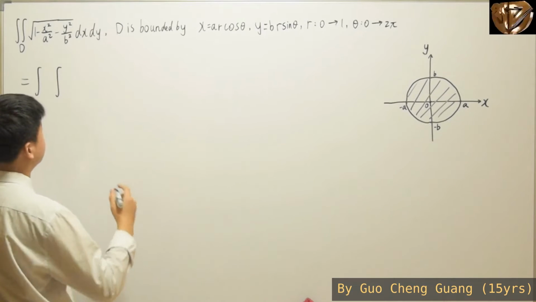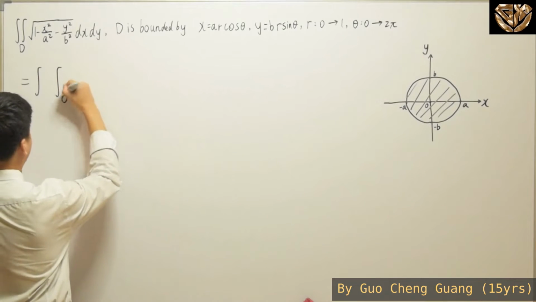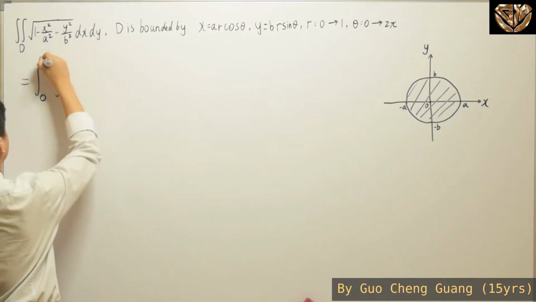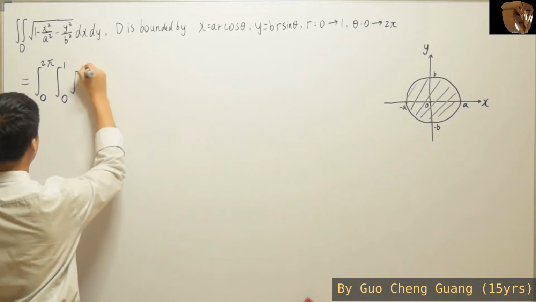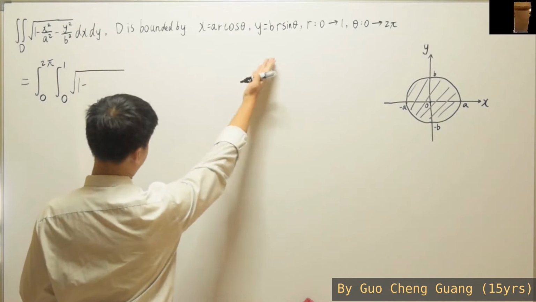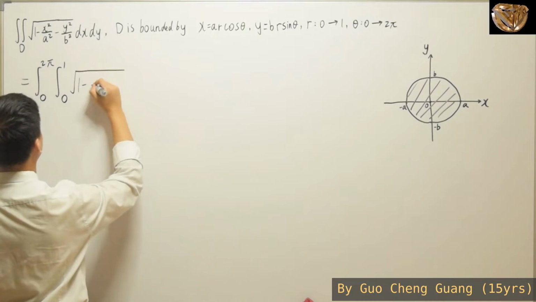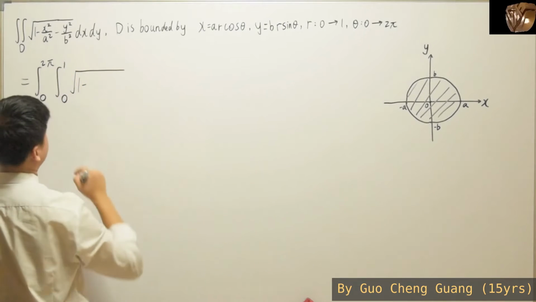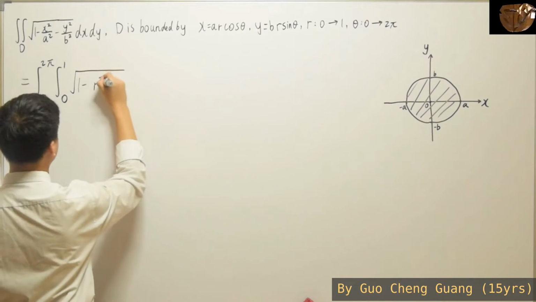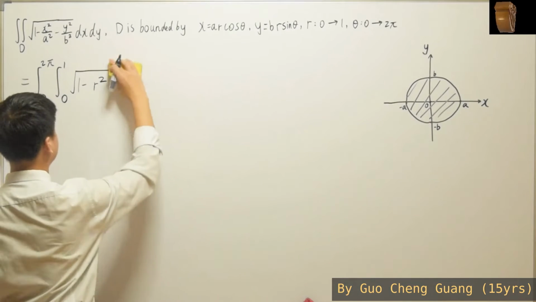So in this integration, yes, you will still have r from 0 to 1, and theta from 0 to 2 pi. And your x and y would not be changing from this form. So you have 1 minus, well, that means it is r squared cosine squared theta minus r squared sine squared theta, which is minus r squared.